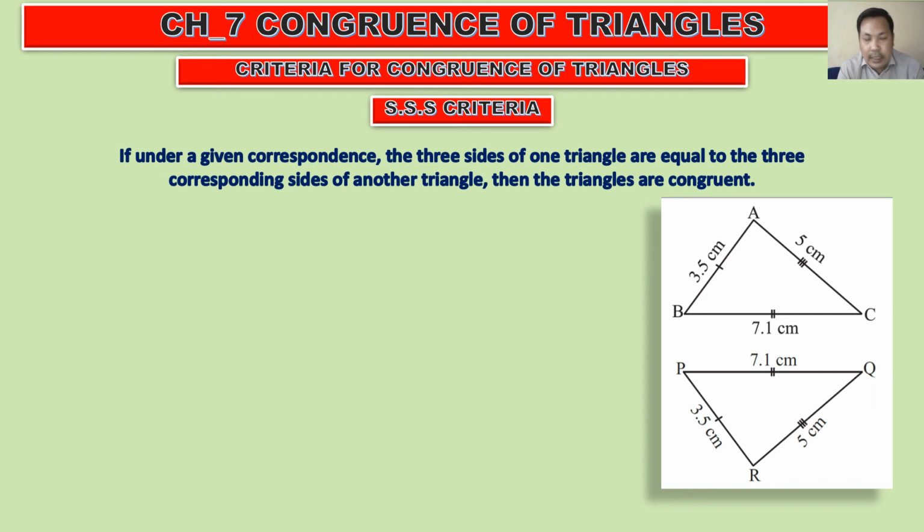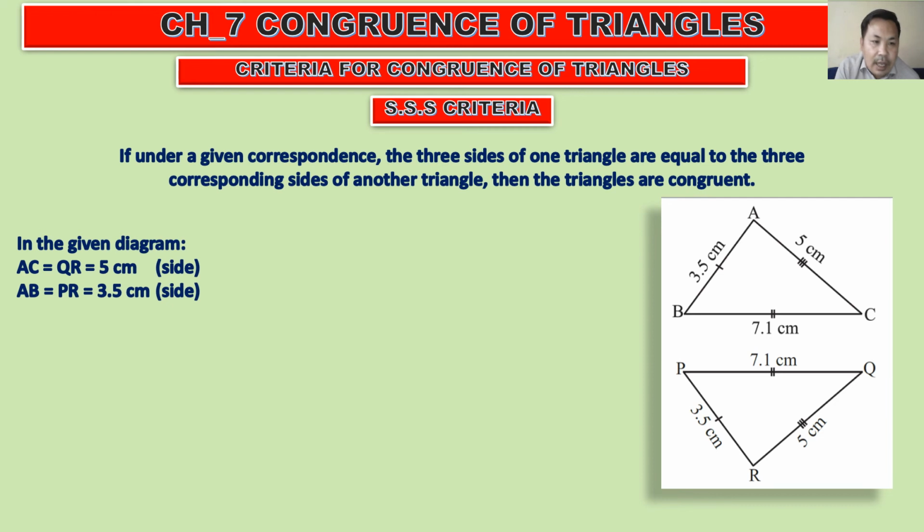Okay, so let us see step by step how we can understand more about these two congruent triangles. In the given diagram, AC is equal to QR, and both are 5 centimeters, and this is one side of the triangle, isn't it?